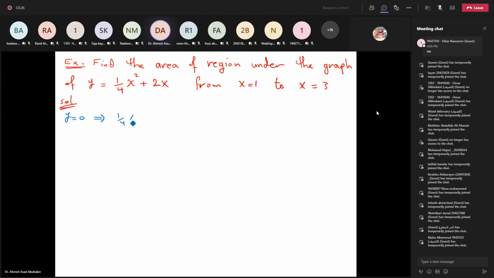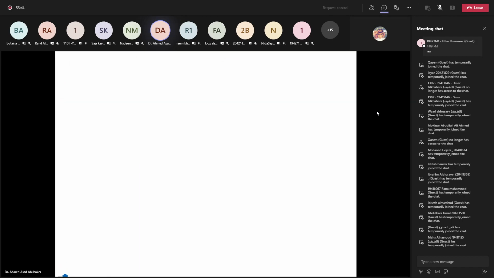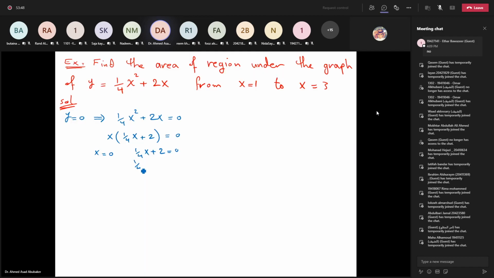1 over 4 x squared plus 2x equals 0. Take x as a common factor. We have x times (1 over 4 x plus 2) equals 0. So we have two values: x equals 0, or 1 over 4 x plus 2 equals 0, so 1 over 4 x equals negative 2, multiplied by 4, so x equals negative 8.